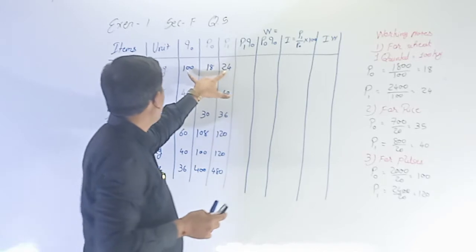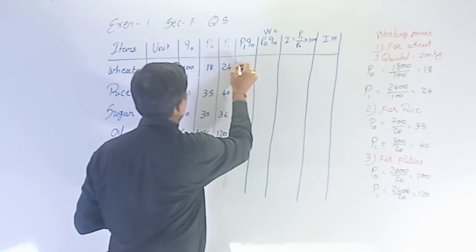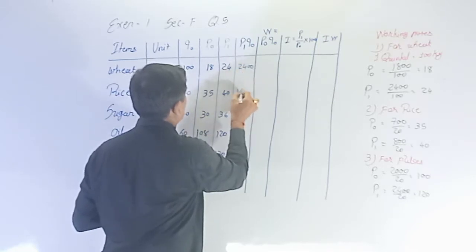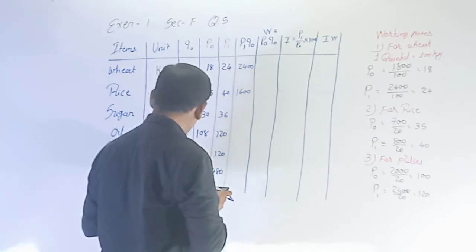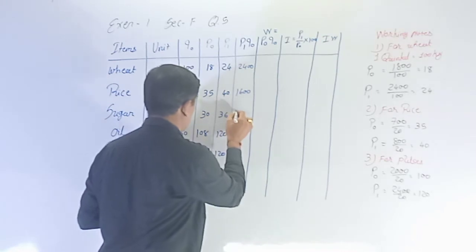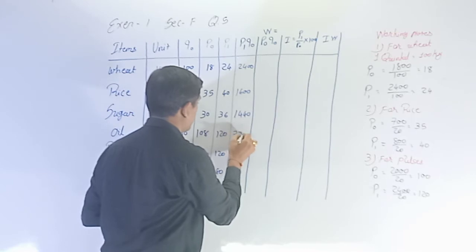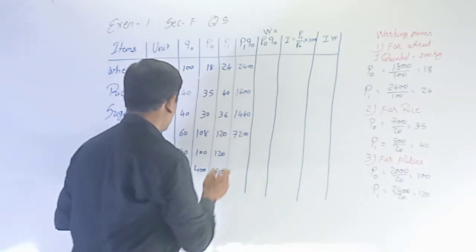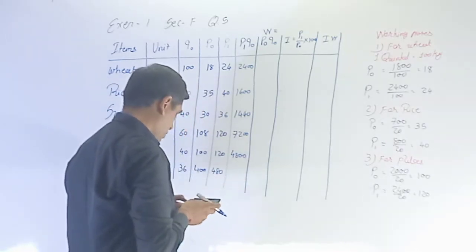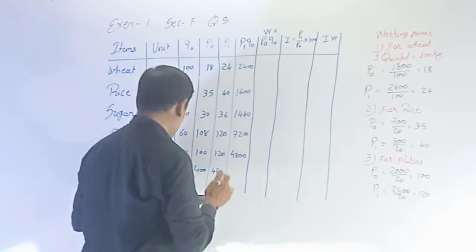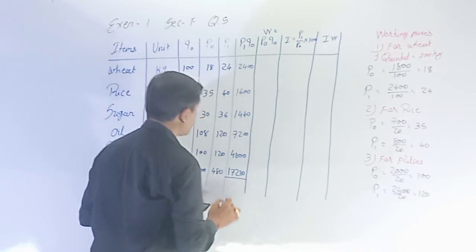Now P1 Q0, this one and this one, we have to multiply these two: 2400 first, then 1600, then 1440, then 7200, then 4800, and then 17,280.